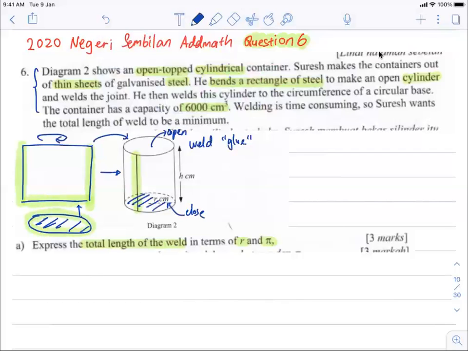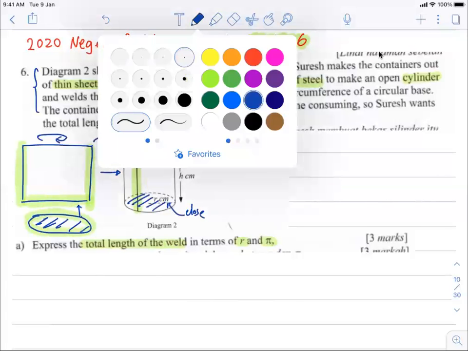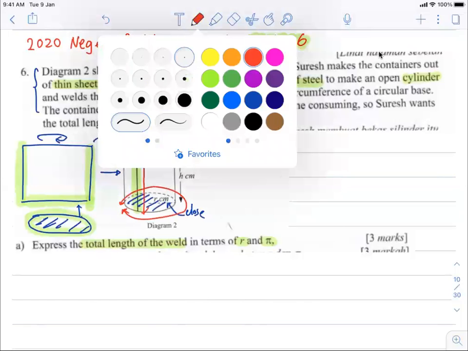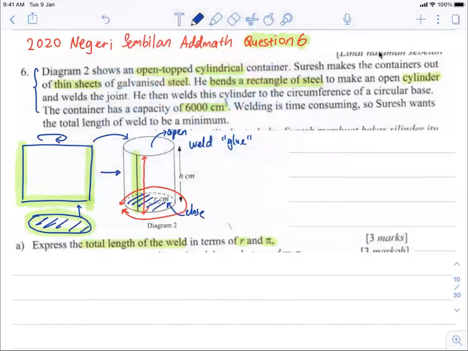So the first part, they want us to find the total length of welding. Essentially, it is just the length of this part and also the circumference of this thing. We add them up, we'll get the total length. So let's get started.